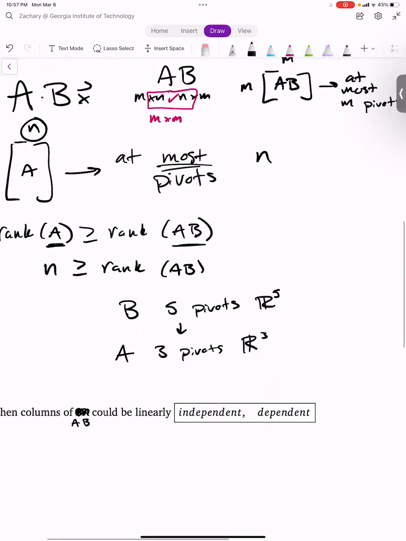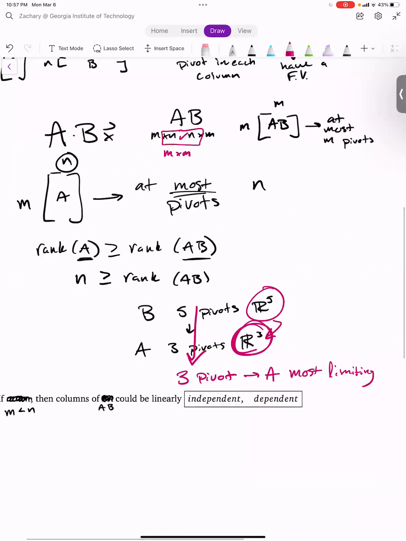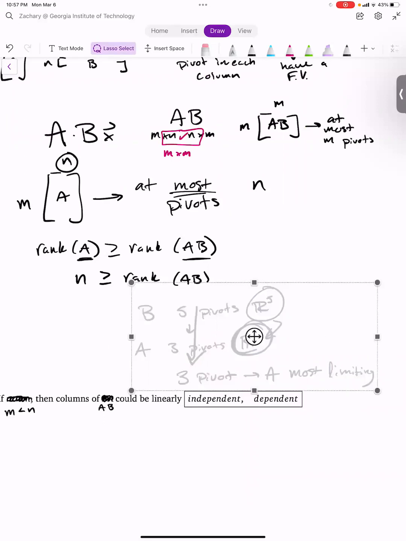As we change from B to A, we have to cram this R5 into R3, so the resultant will be 3 pivots. So what will always happen is A is the most limiting factor.